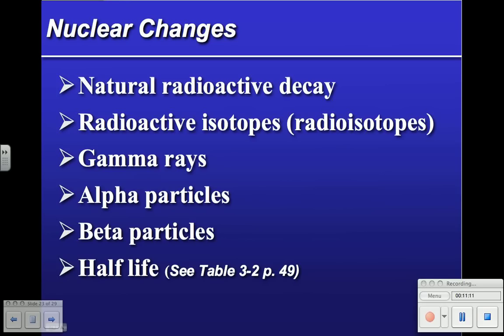So let's say there's a substance I don't know, Cutonium. Cutonium has a half-life of 50 years, and I have 5 grams of it. Well, after 50 years, 2.5 grams of it is still radioactive.